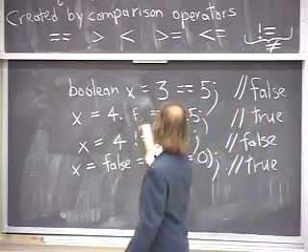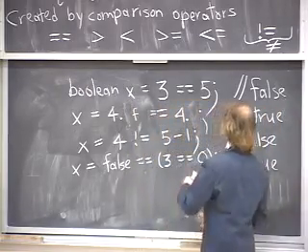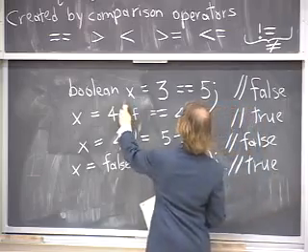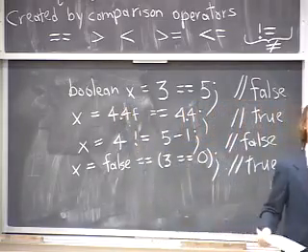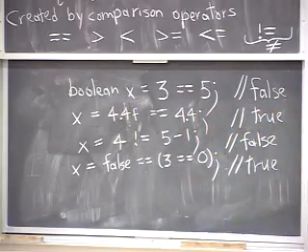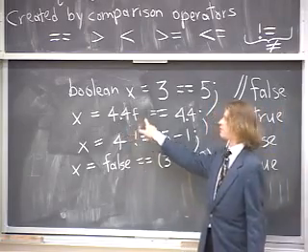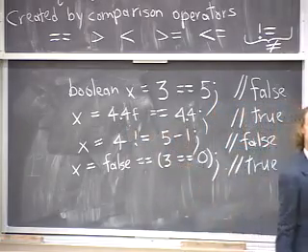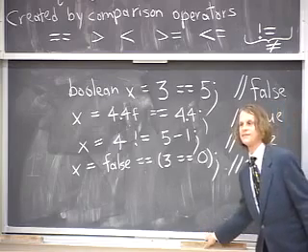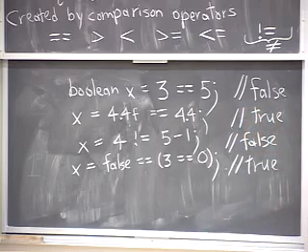On the other hand, if these are 4.4, turns out 4.4 cannot be expressed exactly as a binary floating point number, so this will be rounded off, and this will be different from this, so they won't be equal.